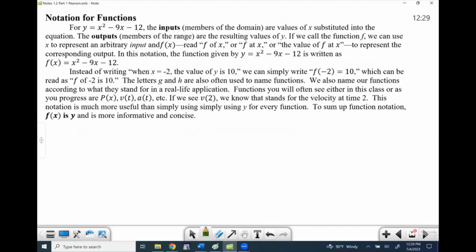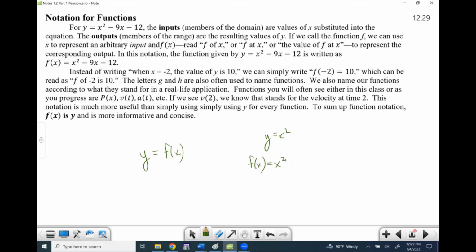Okay, so now we're going to talk about the notation for functions and the importance of it. We're going to be replacing y with f of x. These are the same thing. Like in the past, you might have had y equals x squared. Well, in the future, you might see that we just write f of x equals x squared.